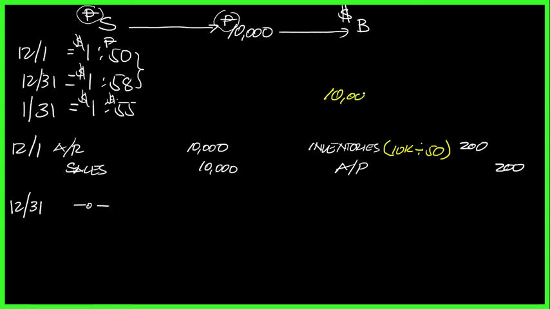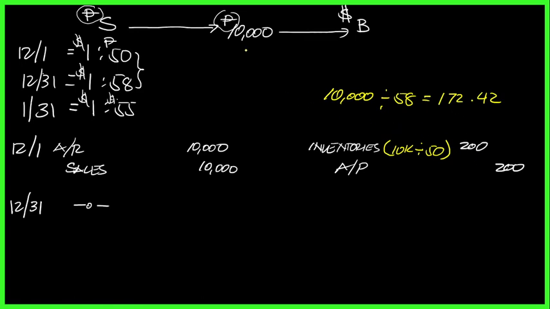You have 10,000, divide this by 58, equals $172.42. Meaning, is this gain or loss?